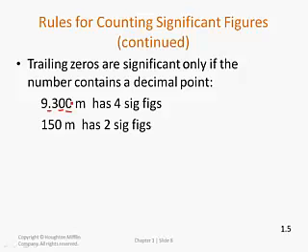These two zeros, their only function is to show that the instrument that was used to measure this particular measurement could measure out to the thousandths place.